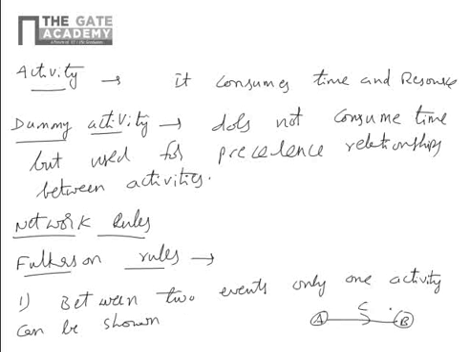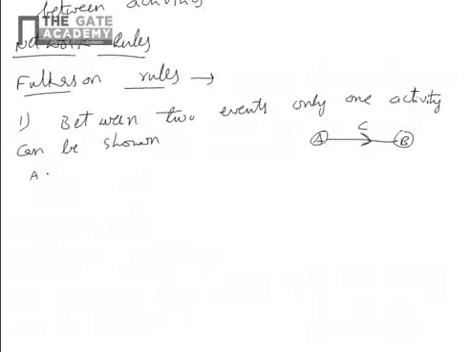A and B are events and C is an activity. The starting point is called tail event and the ending point is called head event.